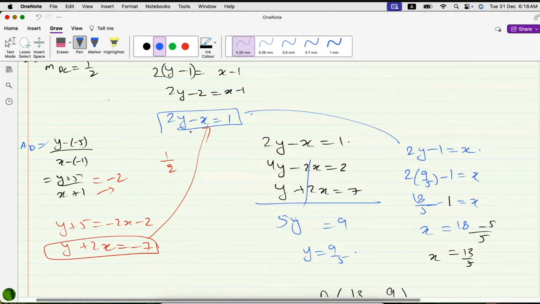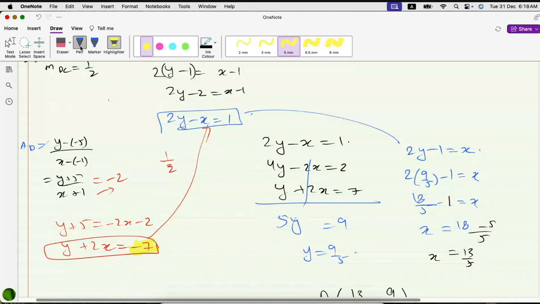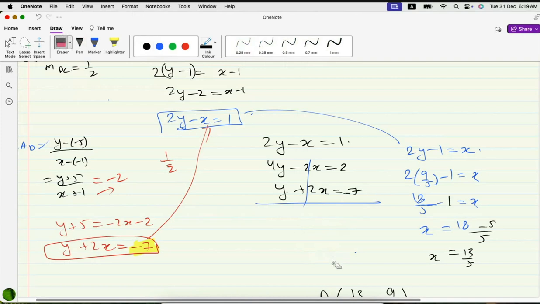So if I just multiply this equation with 2, 2 times 4, minus 2 and 2. The other one was, oh my god, this was negative 7. I forgot to copy the negative sign.